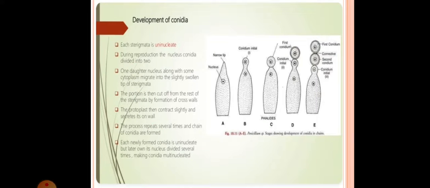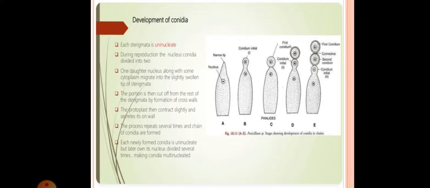Then development of conidia. Each sterigma is uninucleated. During reproduction, the nucleus divides into two. One daughter nucleus along with some cytoplasm migrates into the slightly swollen tip of the sterigma. The portion is then cut off from the rest of the sterigma by formation of a cross wall.